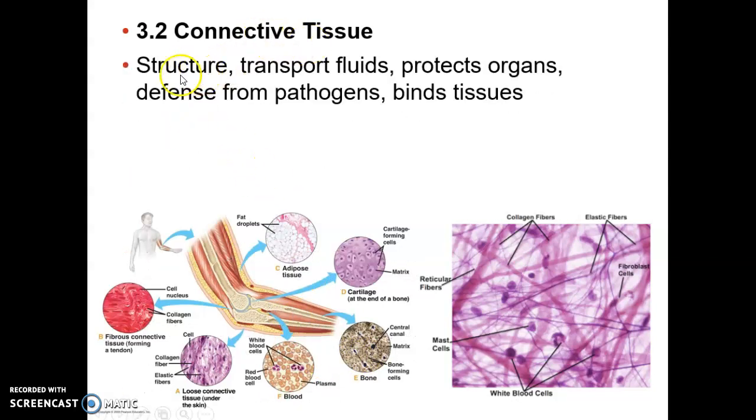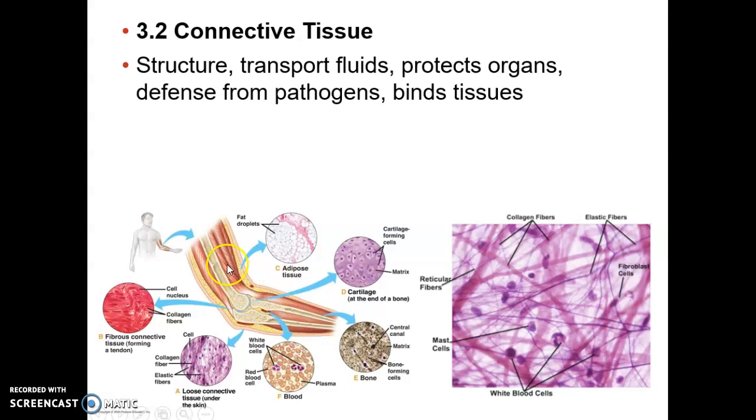Connective tissue is important in structural integrity of the body, transportation of fluids, think blood, protects organs, cushioning organs, surrounding organs, and defense against pathogens. In our blood, we have white blood cells, which are part of our immune system. It binds tissues together, helps envelop blood vessels, helps envelop muscles.